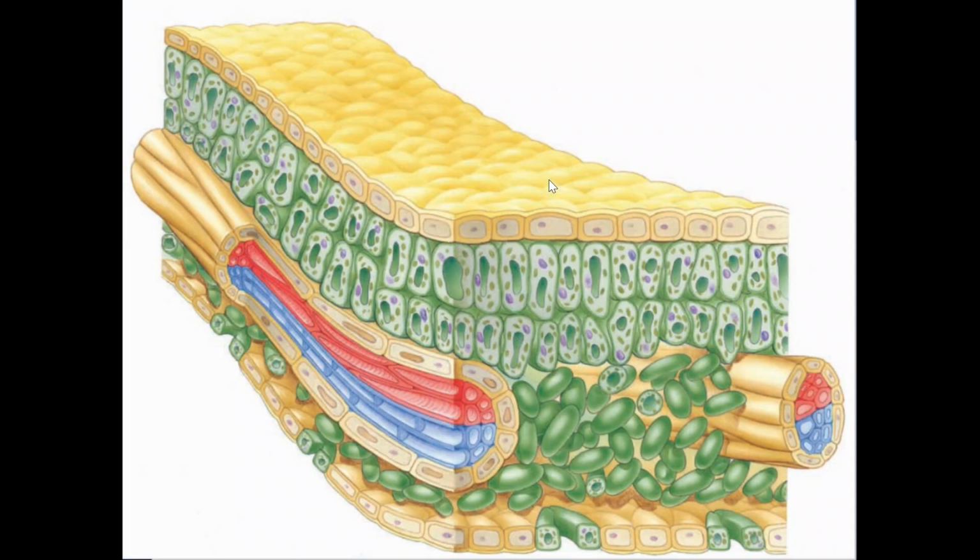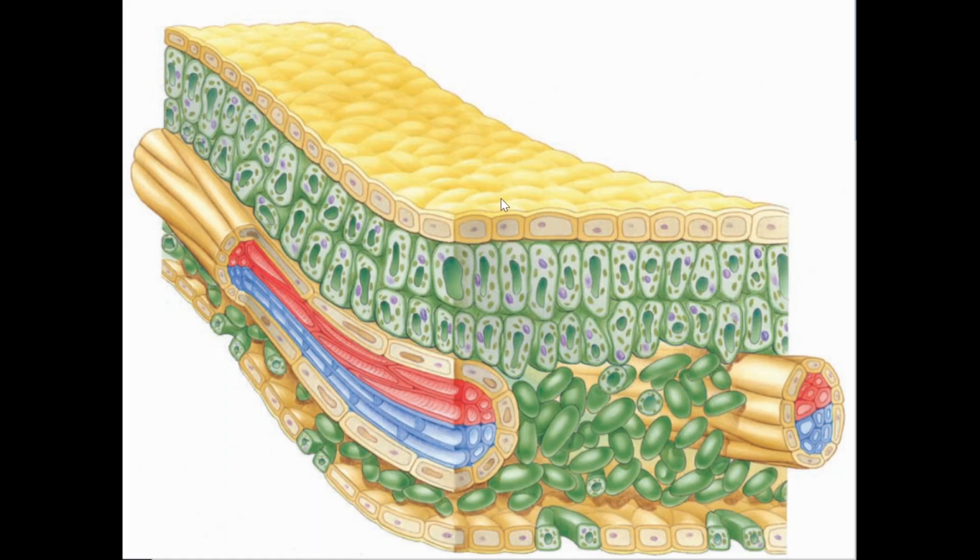And the microscopic structure of the leaves is also very complex, and there are several tissues. The surface is covered by upper epidermis, and upper epidermis has a cuticle.